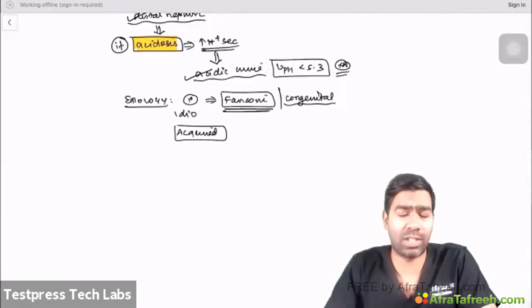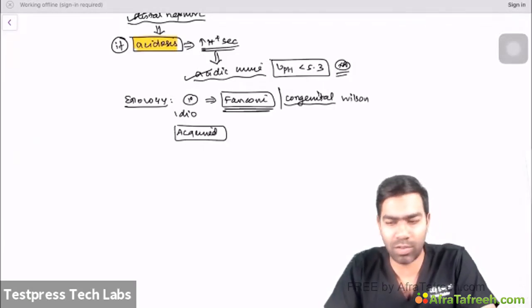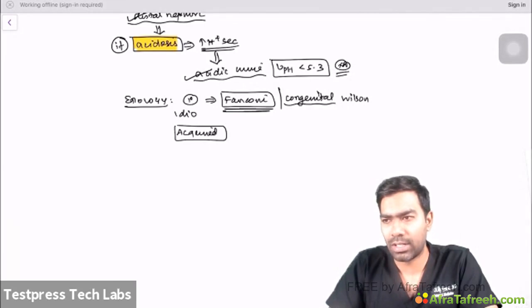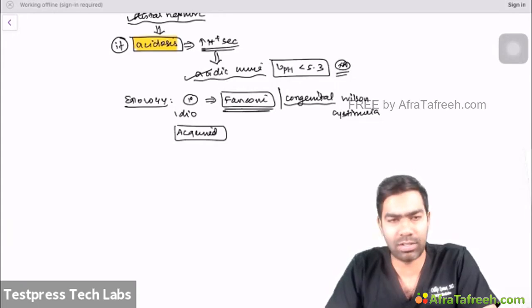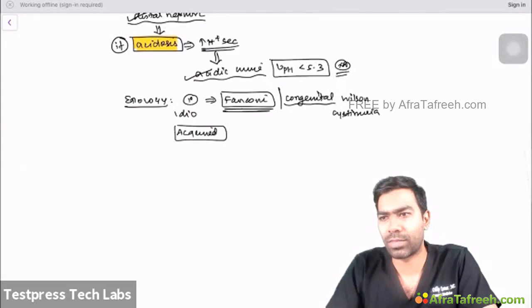So what is the fancy cause? Wilson, if I write it like that, looks fancy to me. Then cystinuria or cystinosis, I believe that's a fancy cause. Or if I take a word called galactosemia, that looks very fancy to me.